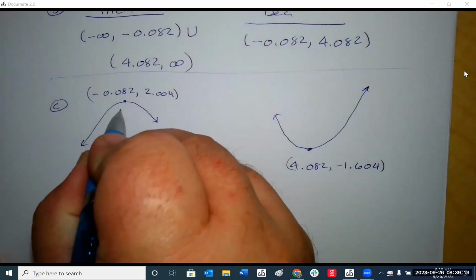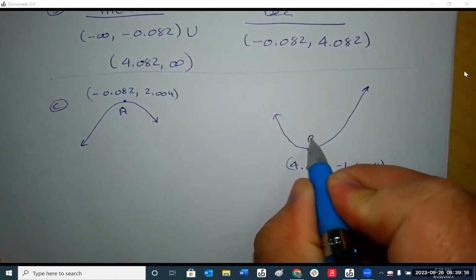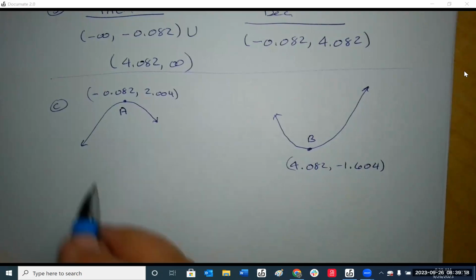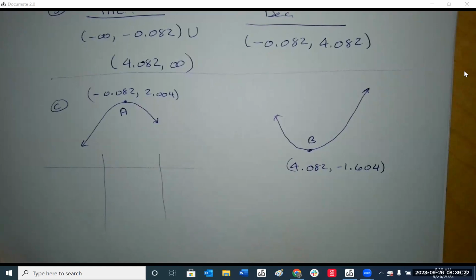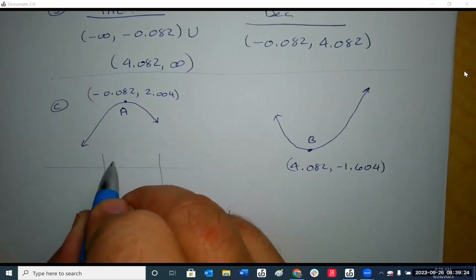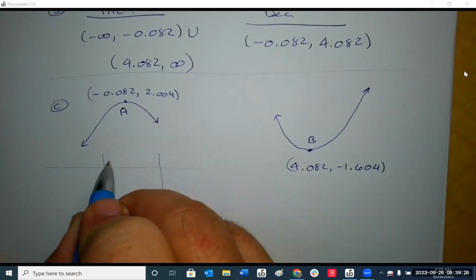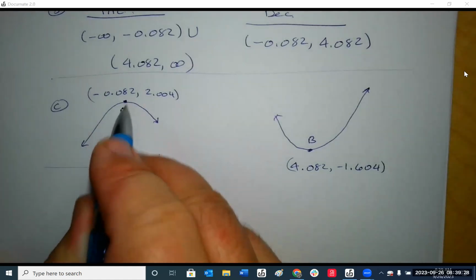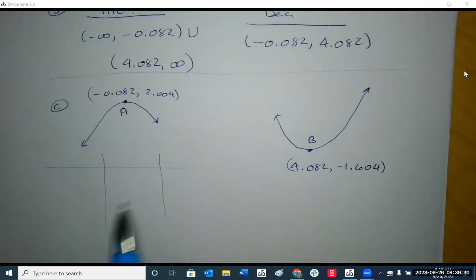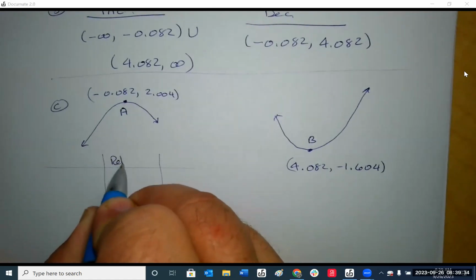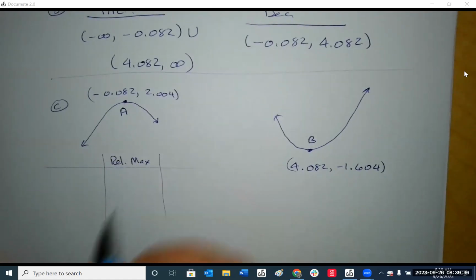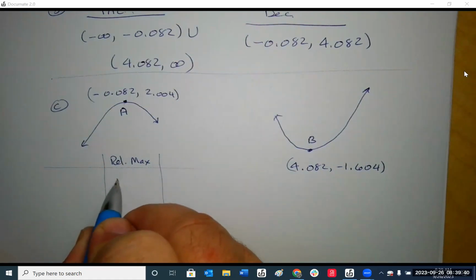We'll call this one A, and we'll call this one B. Since A is at the very top of this little bump, we know it's a relative maxima. That's point A.